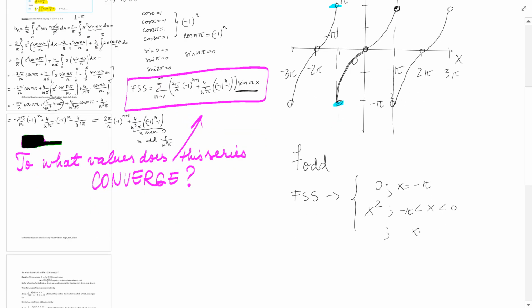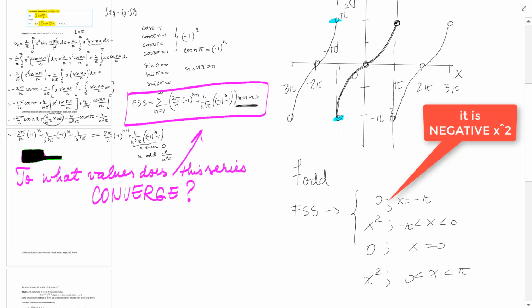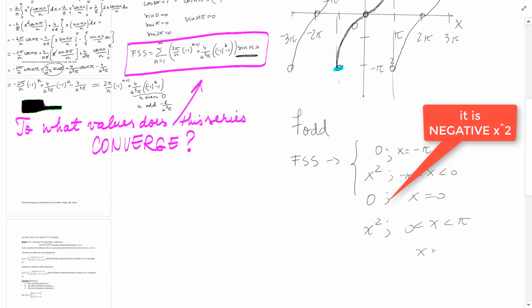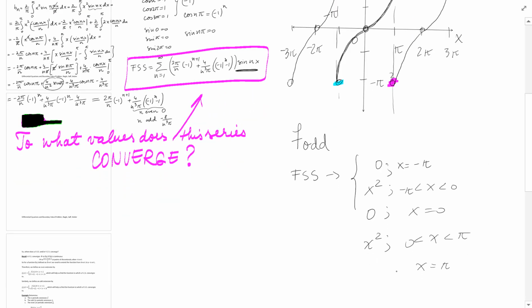For x equal to 0 is this point, so it's 0. For x between 0 and pi, we have this graph that is continuous, so it's x squared. And for x equal to pi, we have this value plus this value, which are opposites, divided by 2, which is 0.